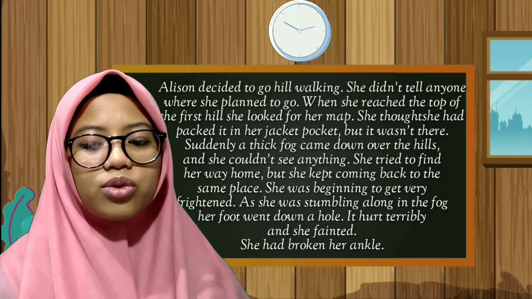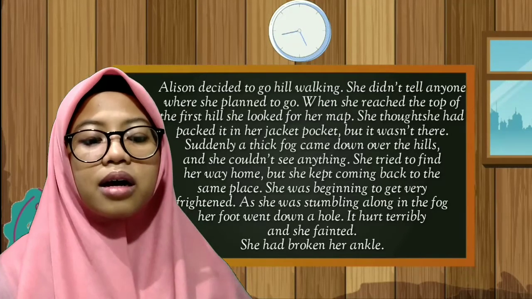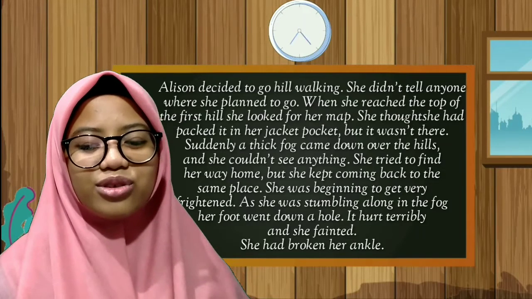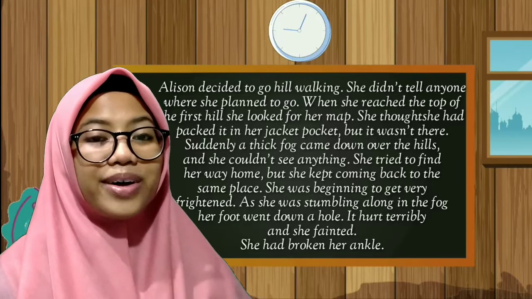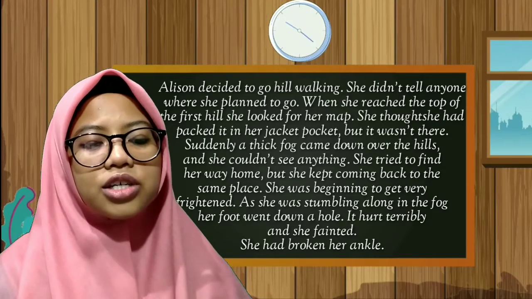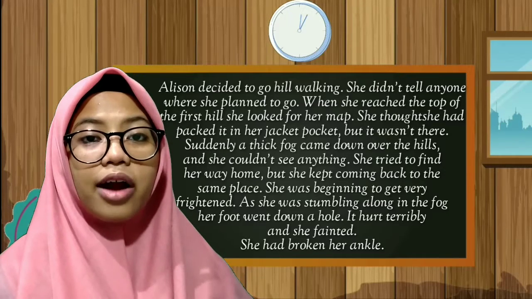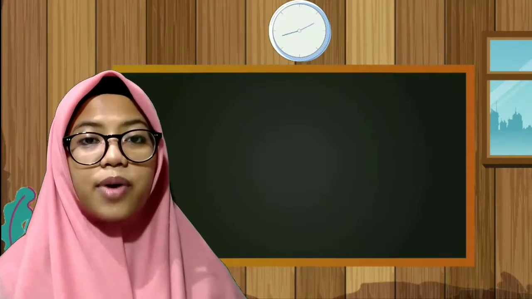"She was beginning to get very frightened" is past continuous. "She was stumbling along in the fog" is past continuous. "Her foot went down a hole" is past simple. "She fainted" is past simple. "She had broken her ankle" is past perfect tense. Next paragraph.